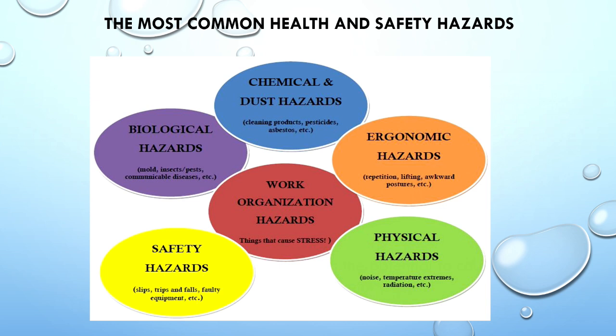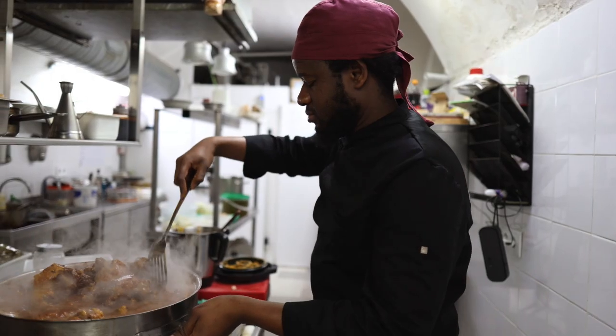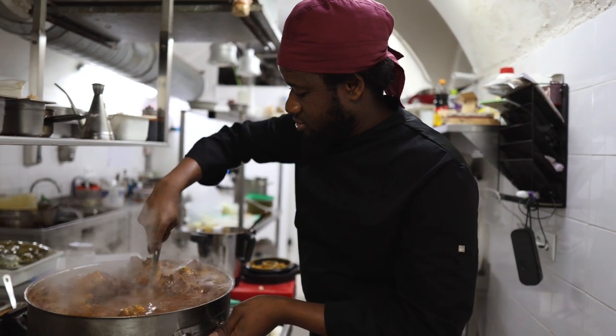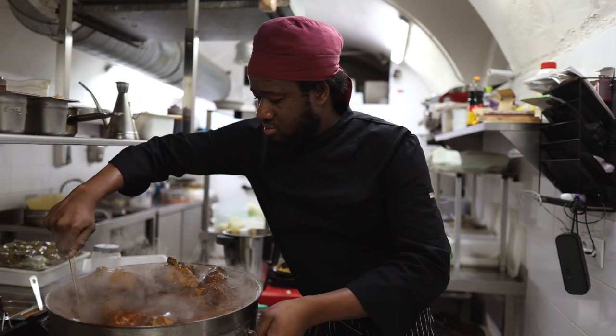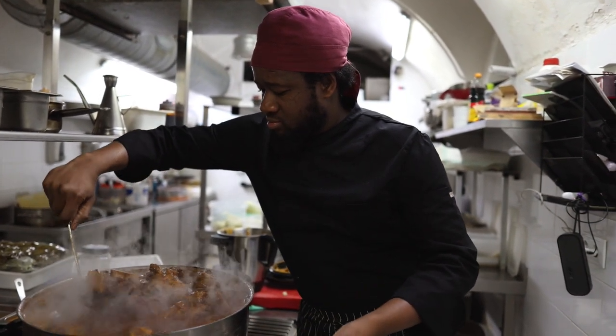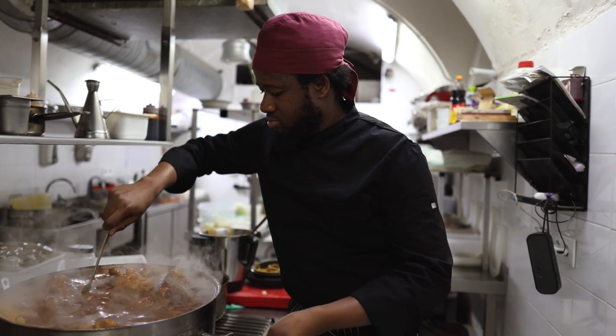We have safety hazards: slips, trips and falls, and faulty equipment. We have physical hazards, such as noise. If you work in a factory with a lot of machinery, then I'm sure you experience that kind of noise. Temperature extremes, for example if you work in the kitchen, and especially during summertime in the United Kingdom, it gets very hot sometimes.